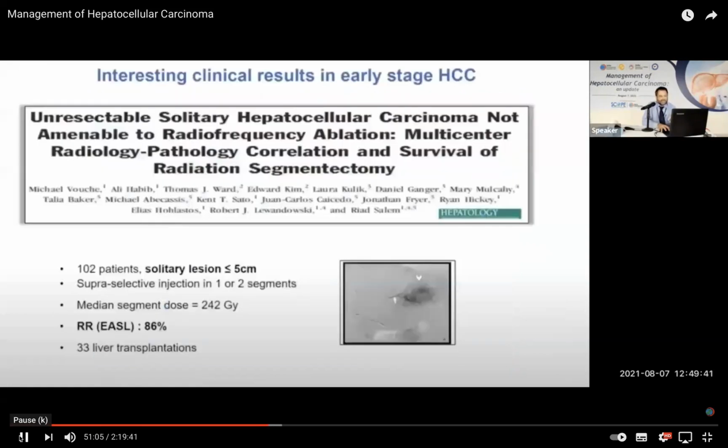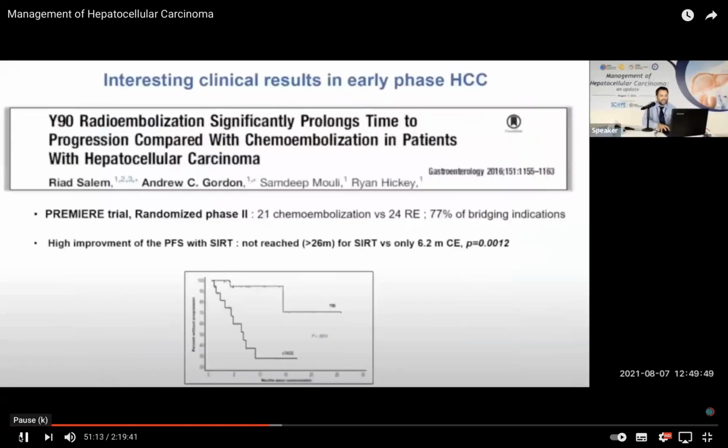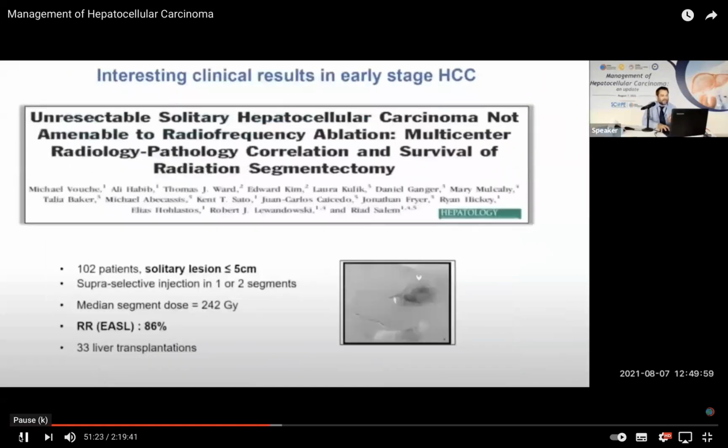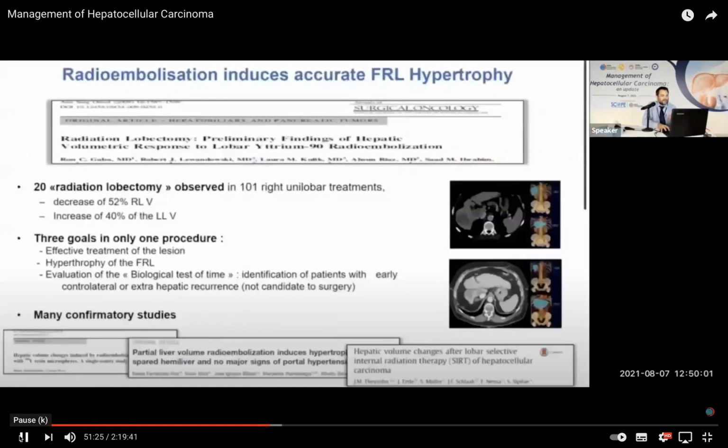There are lots of different studies showing good response, and we can't go into them in any detail, but you've got better overall survival and tumor-free survival. What I will come on to is over here.